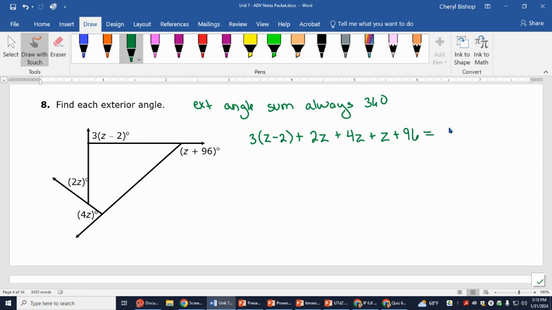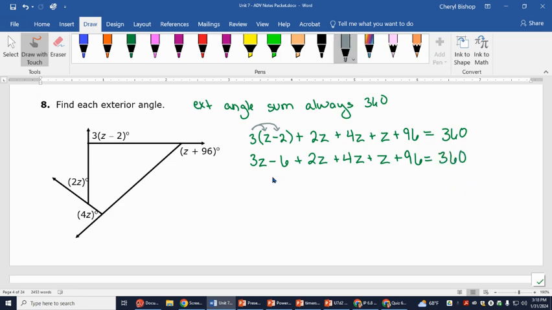That's going to add up to, no matter how many of them I have, 360 when you're working with exterior angles. First thing I'm going to do is distribute right here. When I do my distribution, I'm going to have 3z minus 6 plus 2z plus 4z plus z plus 96 is equal to 360.